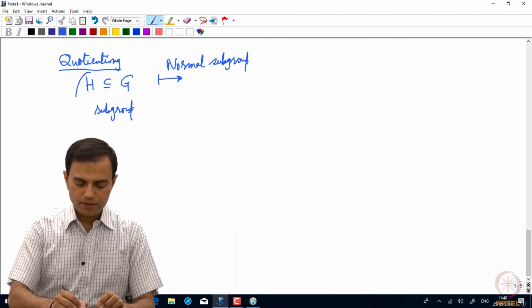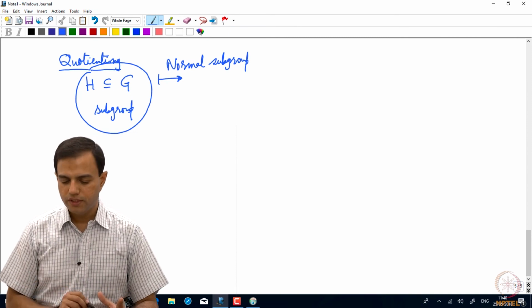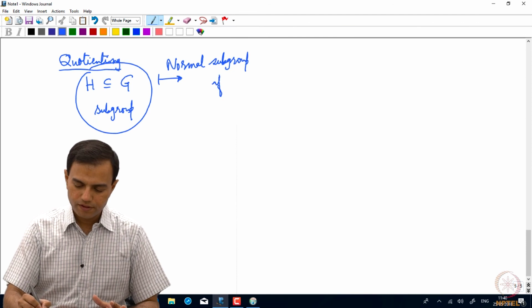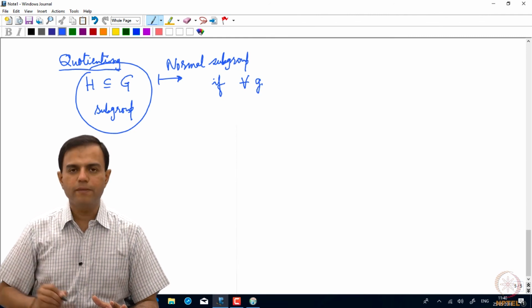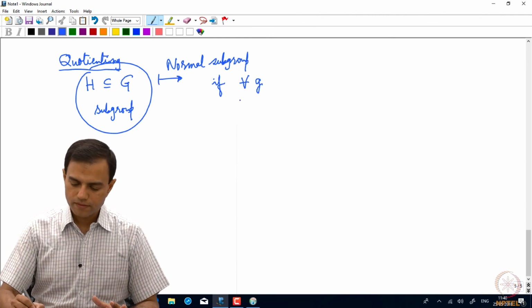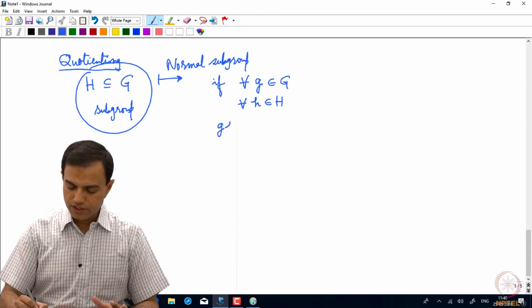This setup, H subgroup of G, you would call normal subgroup if you pick any element of G and any element of H and you consider G H G inverse.